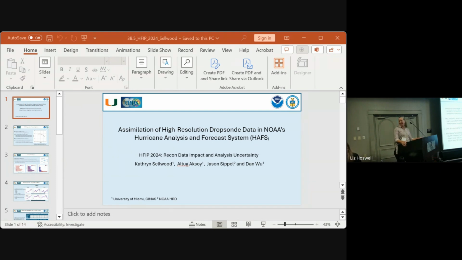Okay, so thanks. So traditionally, dropsondes have been transmitted and assimilated as TEMP DROP messages, which are small text files that are limited to a small number of mandatory and significant levels, and until recently contained only a single low accuracy time and location for the entire sounding.